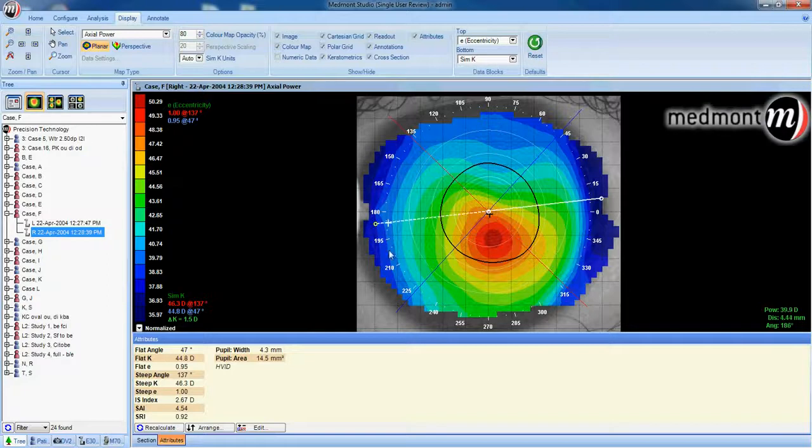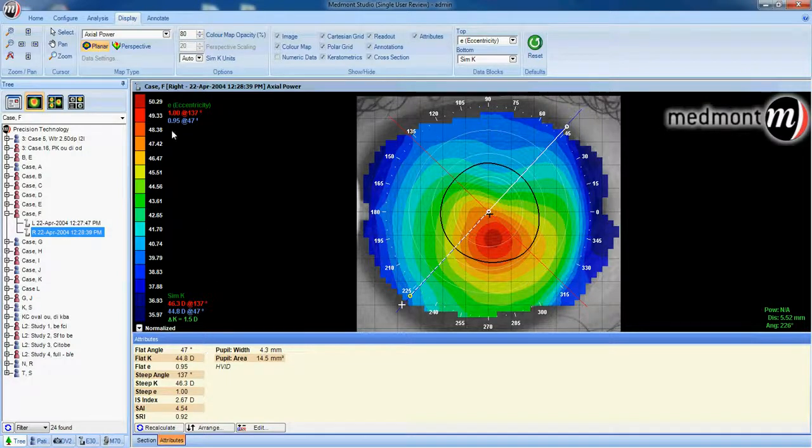And the same thing goes for the opposing meridian. Is this axis similar to this axis? And the higher the surface regularity index is, the more abnormal the eye. The threshold for normal versus abnormal is 0.8. So the higher the IS, the SRI, and the SAI values are, the more asymmetrical the eye shape.